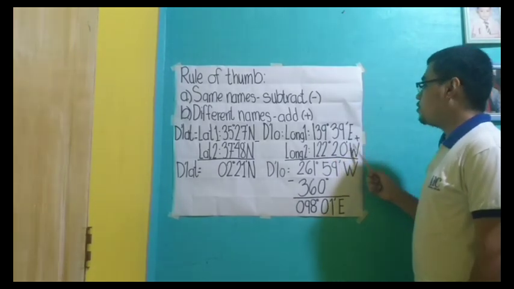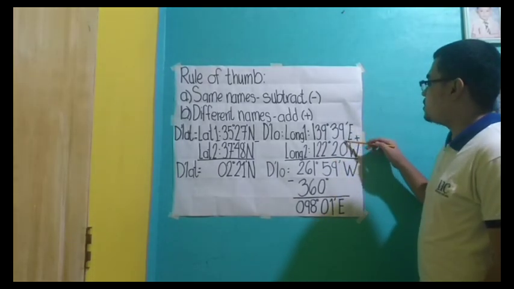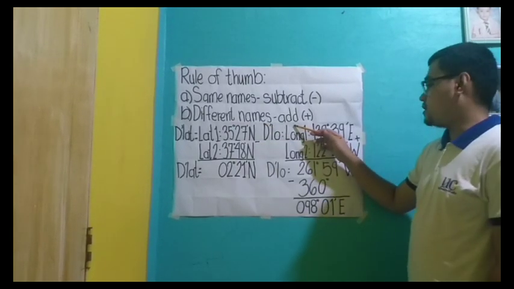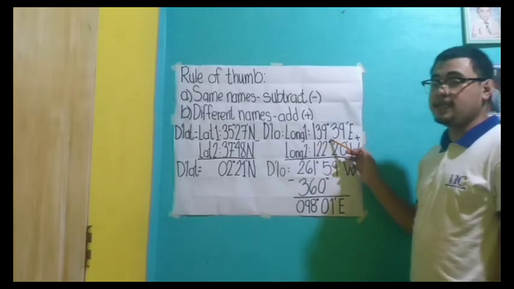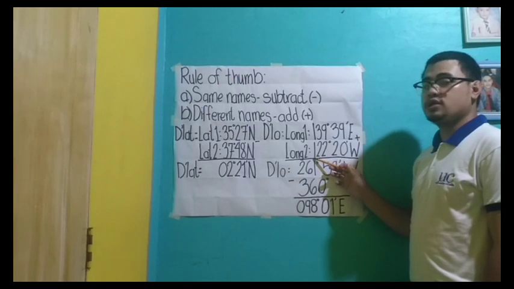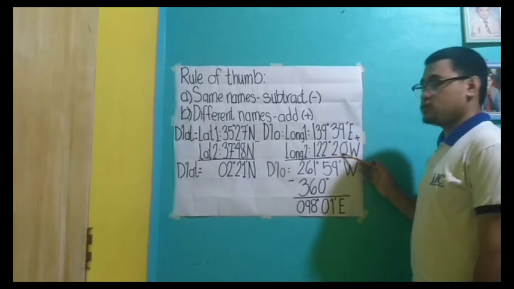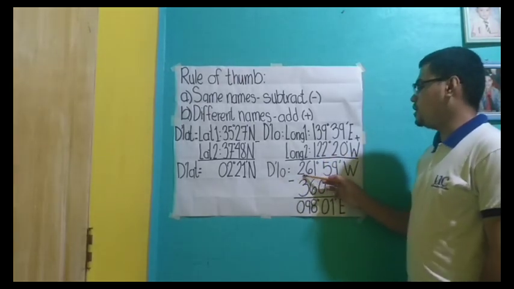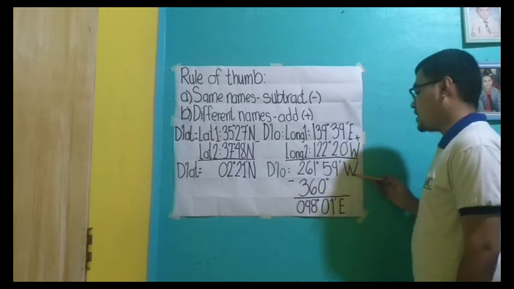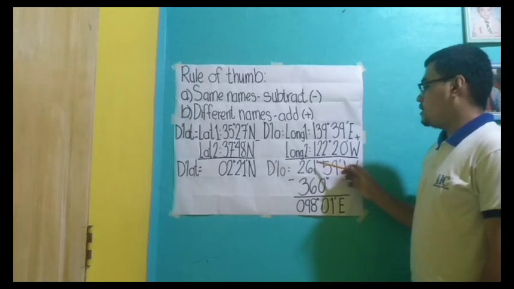So since it has different names, we need to add it. So 139 degrees 39 minutes east plus 122 degrees 20 minutes west, and the DLO would be 261 degrees 59 minutes west.